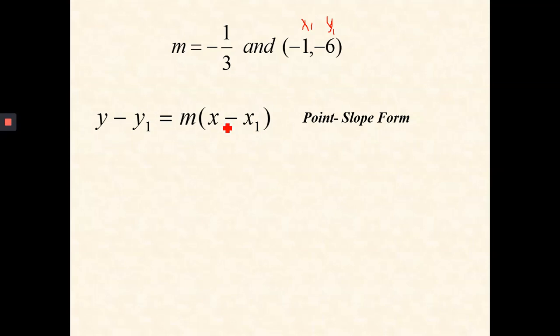Using the formula, y minus y sub 1 is equal to m multiplied by the quantity x minus x sub 1, you're just going to plug in. y minus your y sub 1, which is negative 6, so you put parentheses around 6 to signify that its sign is negative, is equal to negative 1/3 as your slope multiplied by the quantity x minus your x sub 1, which is negative 1. You enclose it again.